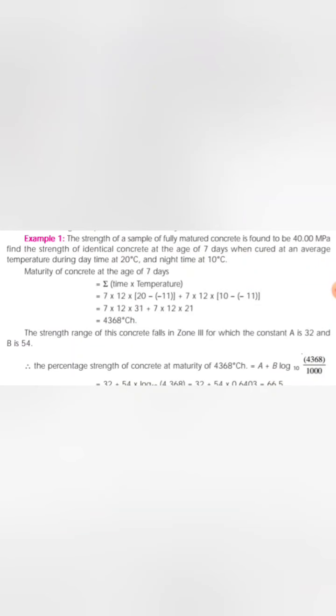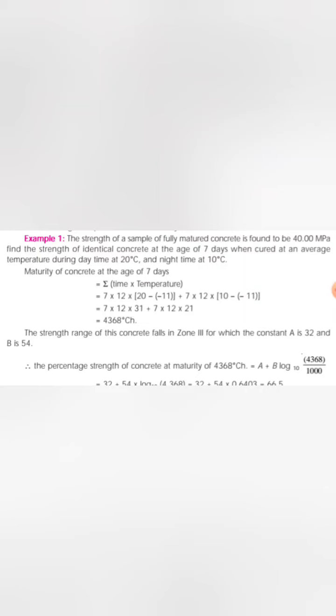Let us see how to calculate the maturity of the concrete, and through that, how to assess the strength of the concrete at a particular time. Here I am explaining a problem so that you can understand what maturity is and how it helps to calculate the strength of the concrete at the required time.